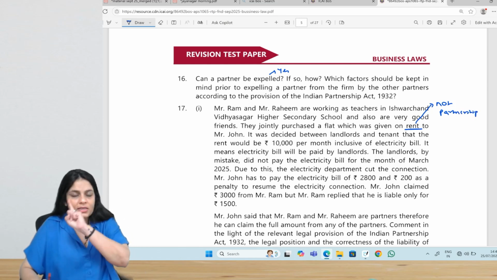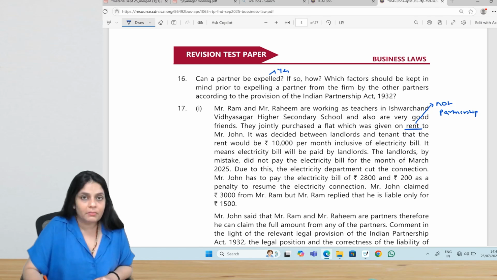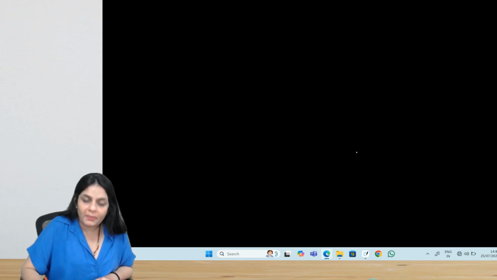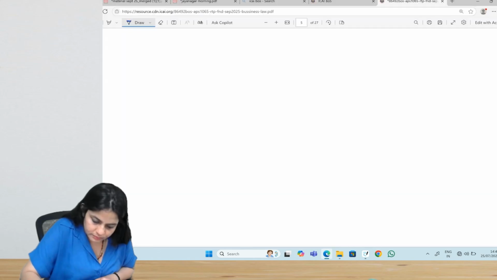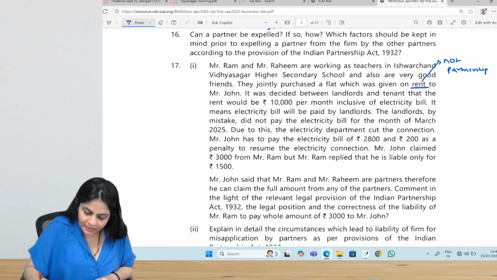Renting of property is not partnership, right? It was decided between landlord and tenant that the rent would be 10,000 per month inclusive of electricity bill. It means the electricity bill will be paid by the landlords.